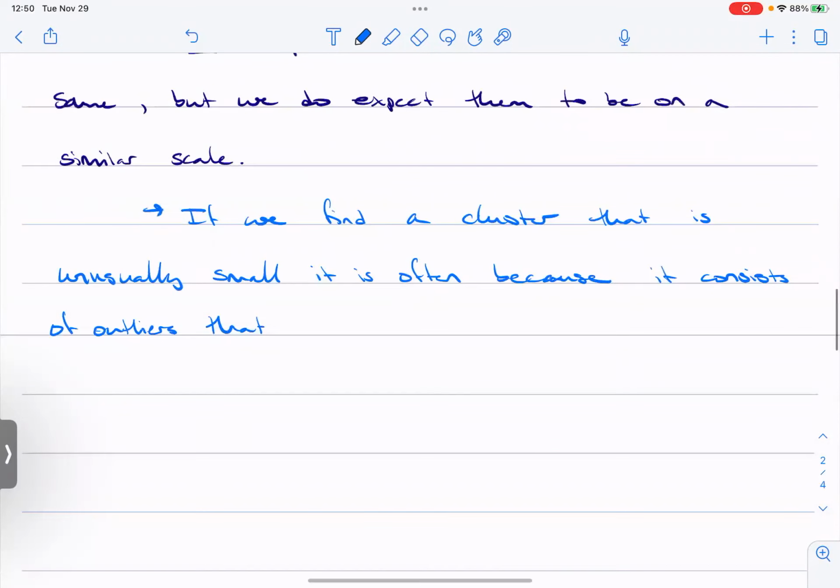Which brings us back to exploratory data analysis.